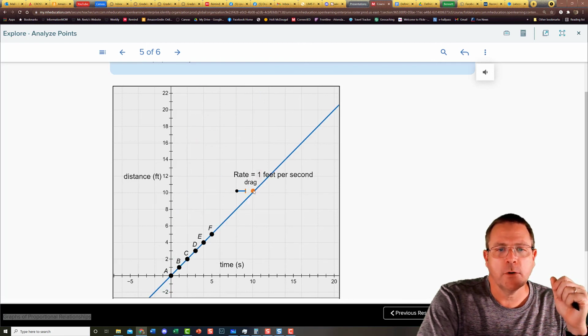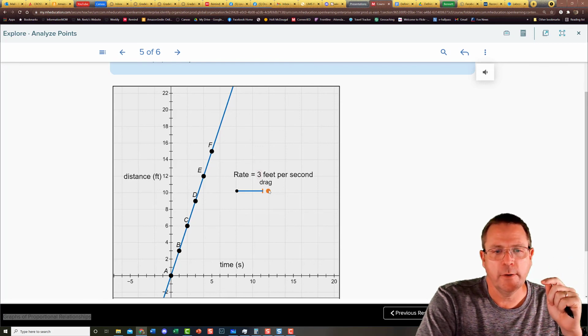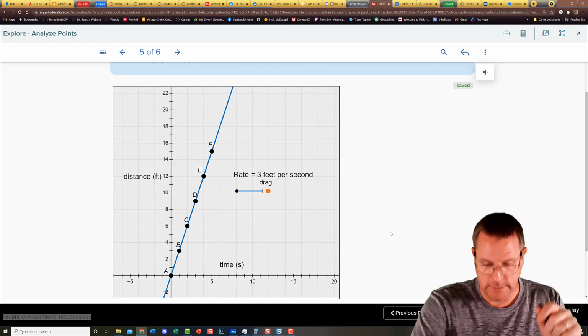If we would come back to 1 foot per second, now it's less steep, so point B is at 1, 1. 3 feet per second, point B is at 1, 3. So however many feet per second you're traveling, that unit is going to be your constant of proportionality. It's also going to be the y value where x is equal to 1.